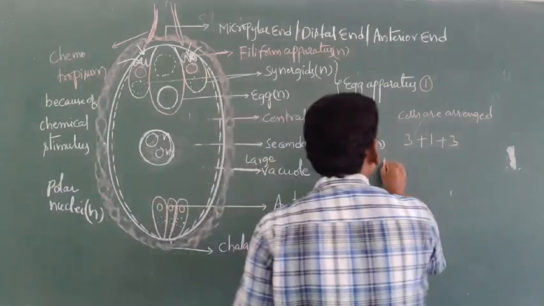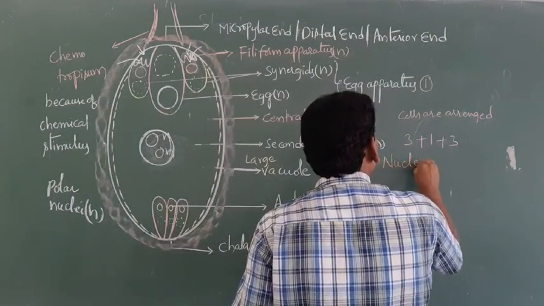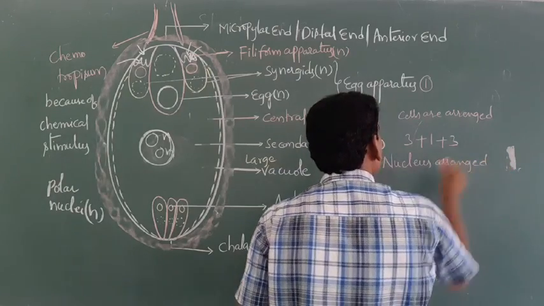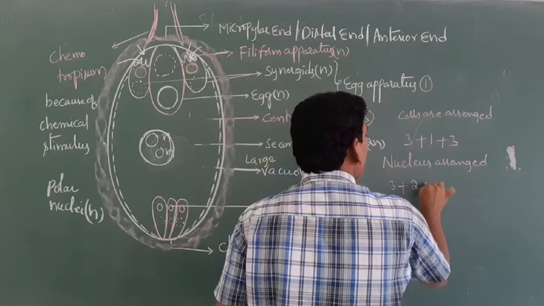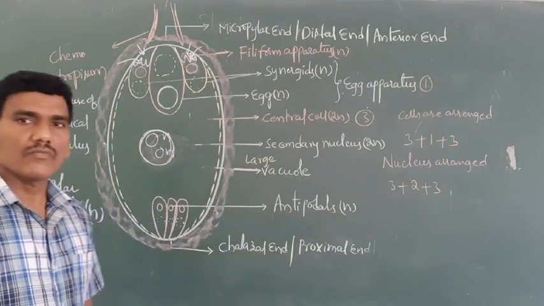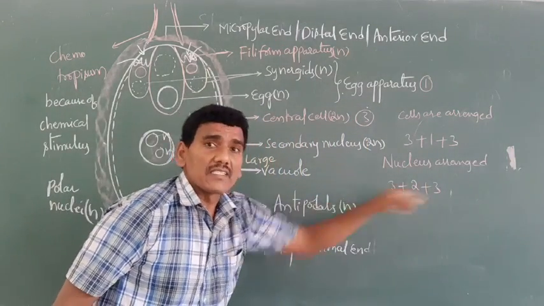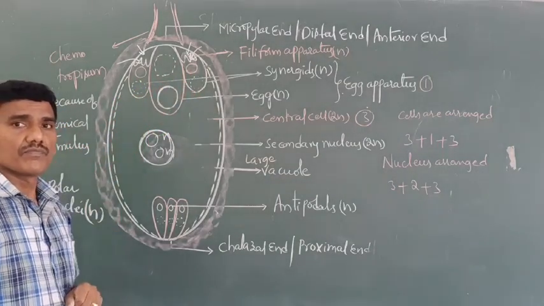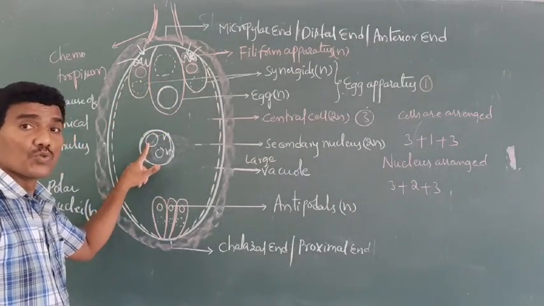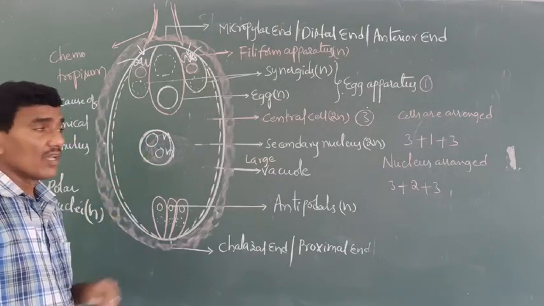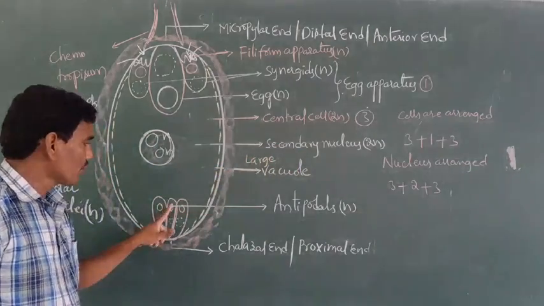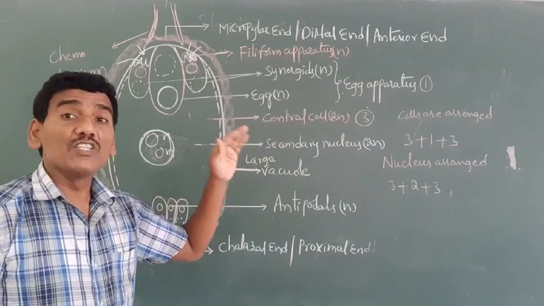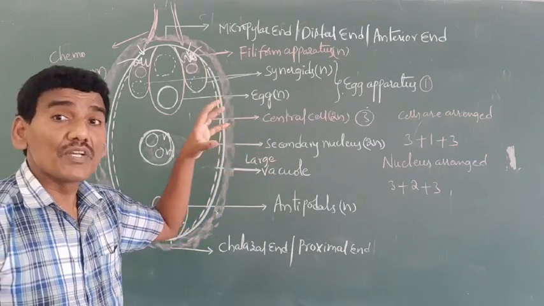The nuclei are arranged 3 plus 2 plus 3: three nuclei, then two nuclei, then three nuclei. That is how the cells and nuclei are arranged inside the embryo sac.